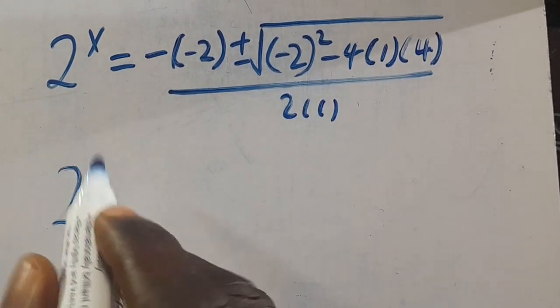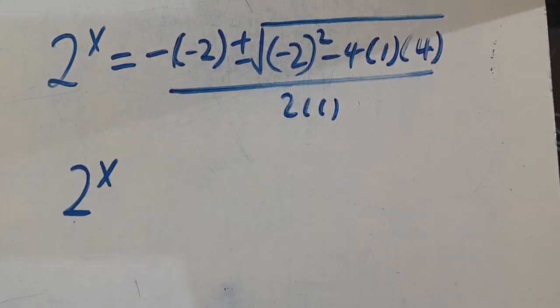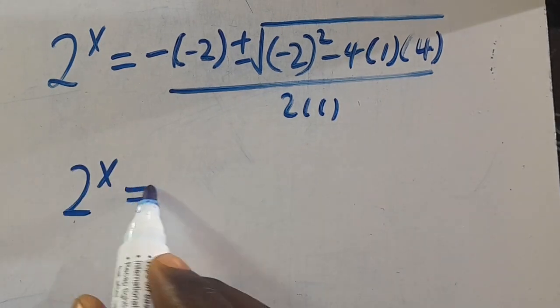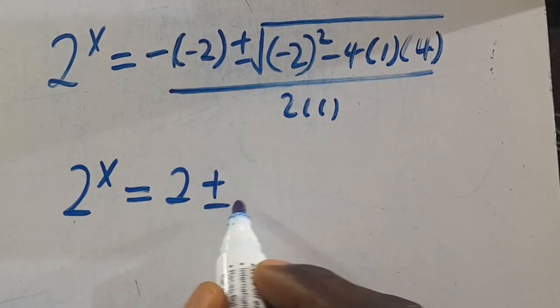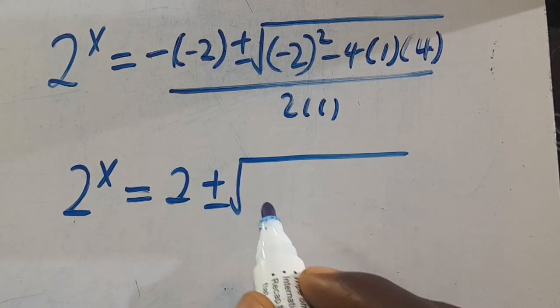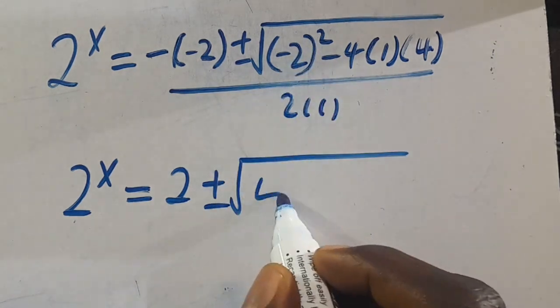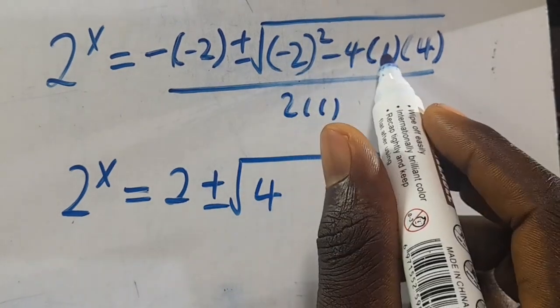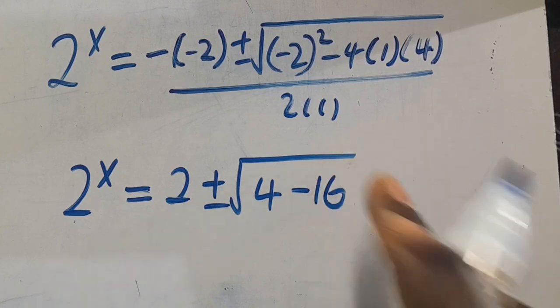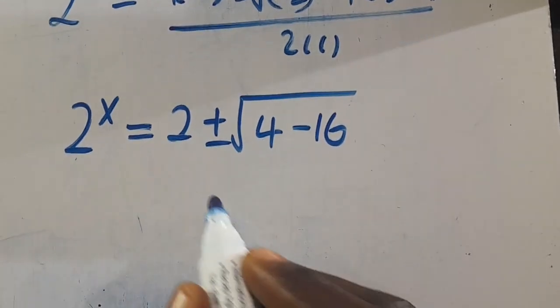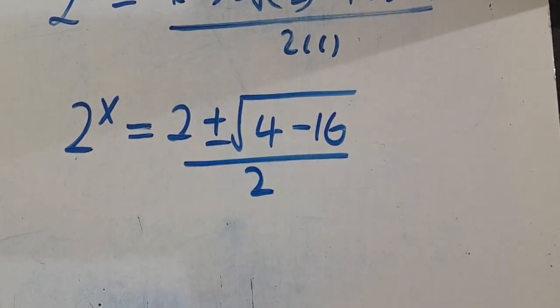So we have 2 to the power of x equals, minus times minus will be 2 plus 2, positive or negative, square root of this to the power of 2 will give us 4. 4 times 1 is 4 times 4 will be 16. We have here to be minus 16. Then divided by 2.